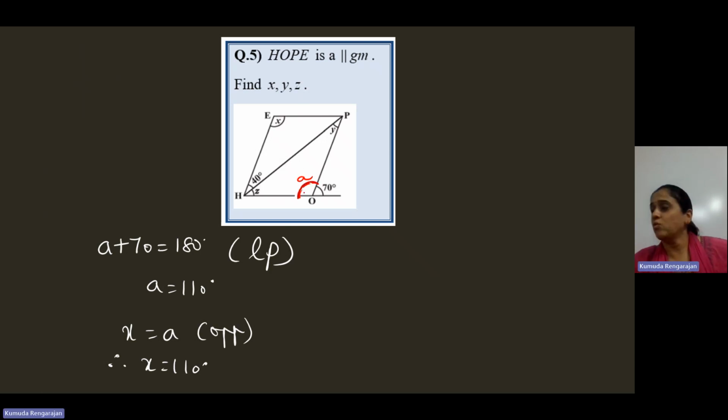If you want to show the steps, you can mark this angle. You must draw this figure in your book and mark this angle as A. So A plus 70 is equal to 180, linear pair. That's how we start. A is 110 and then A is equal to X, because opposite angles are equal.